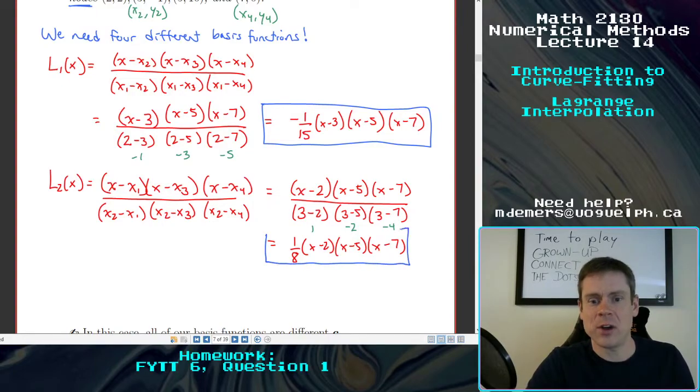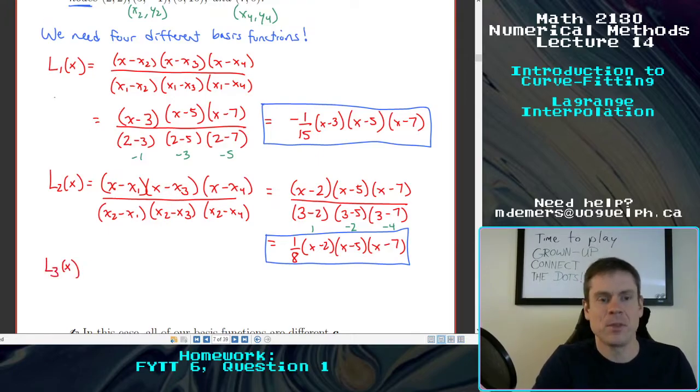And so I'm just going to try to avoid using the formula for the next one, and we'll see if I don't screw up. But L3 of x, so I'm just going to write similarly. L3 of x is going to take x minus x1, x minus x2, x minus x4. So let's try this.